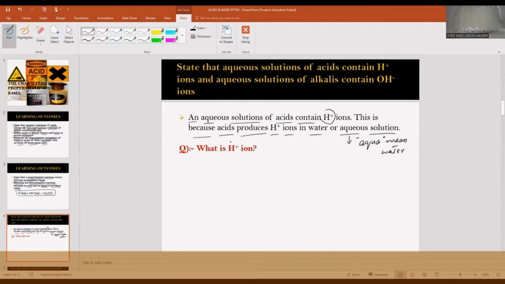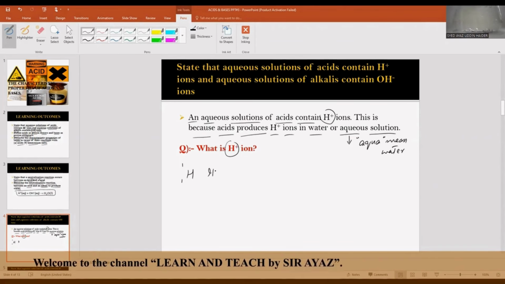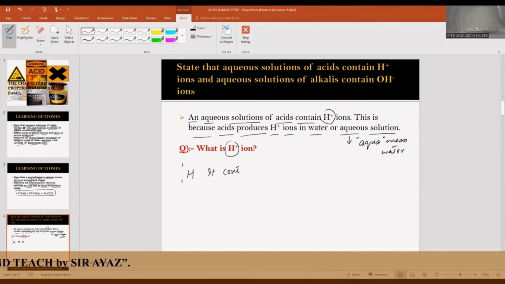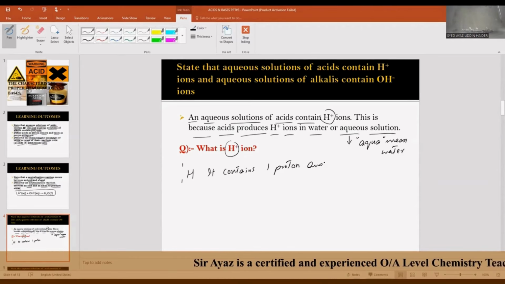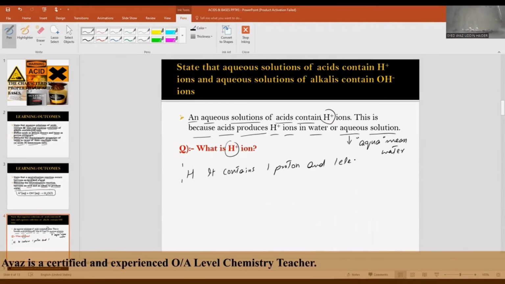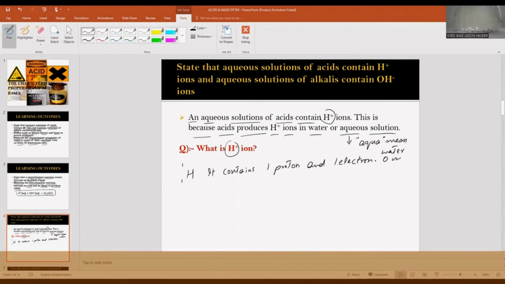So what is H positive ion? You all know that the proton number of hydrogen is 1 and its nucleon number is also 1, which means it contains 1 proton and 1 electron. It does not contain any neutron, 0 neutron.